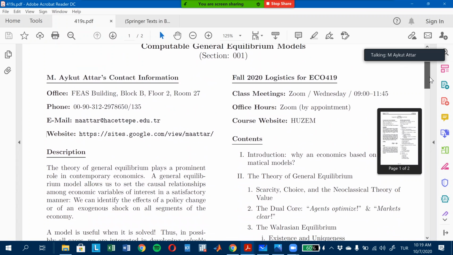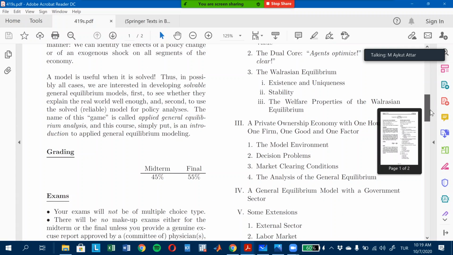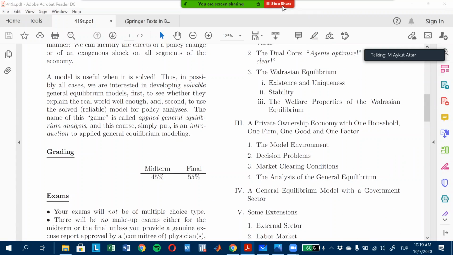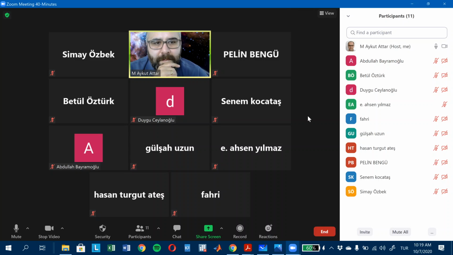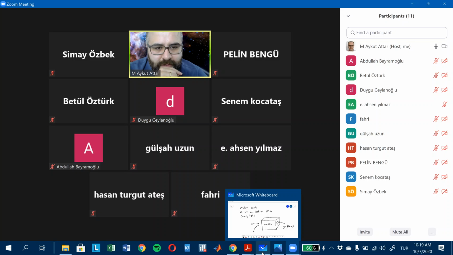So, any questions regarding the description or the contents of the class? If you have no questions or anything to add, I will go back to my whiteboard and talk briefly about models and mathematical models and the foundations of general equilibrium theory.